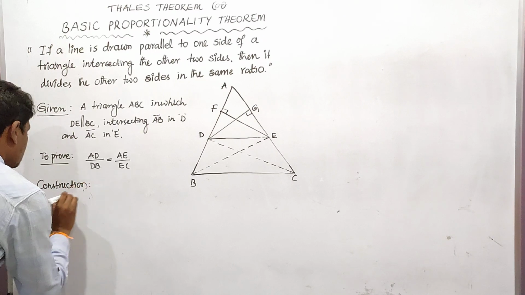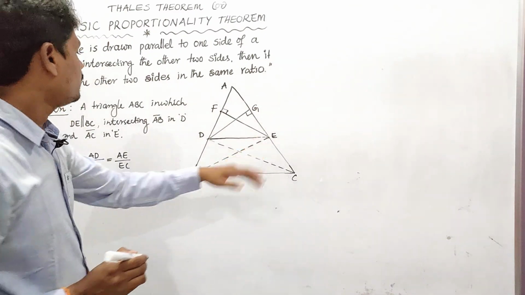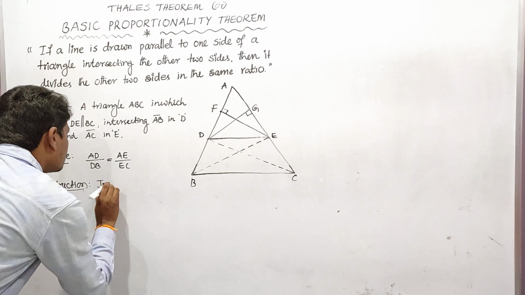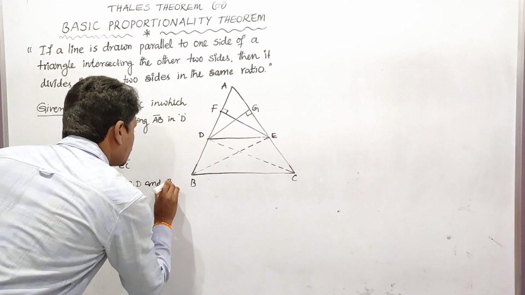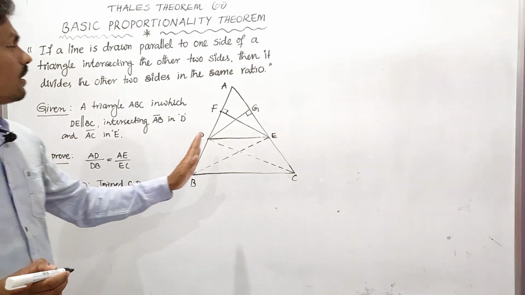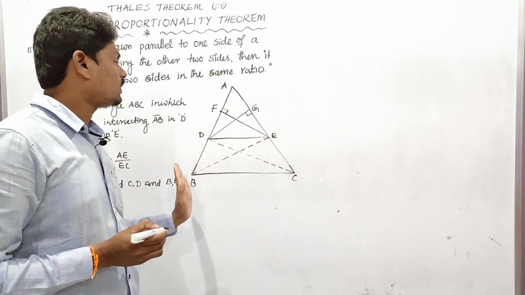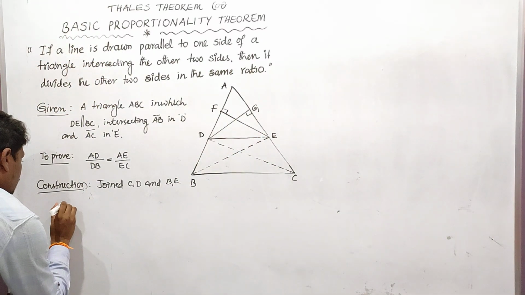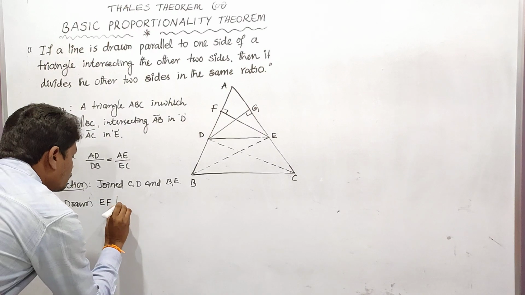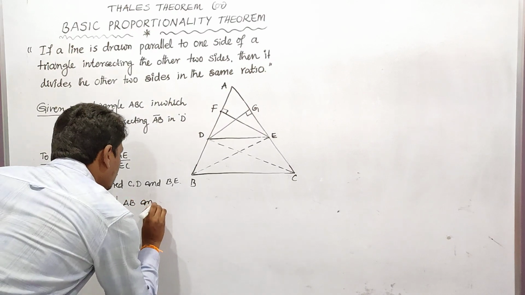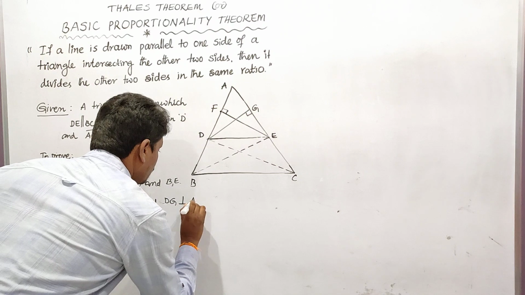First, joined C comma D and B comma E. Next, drawn EF perpendicular to AB and DG perpendicular to AC.